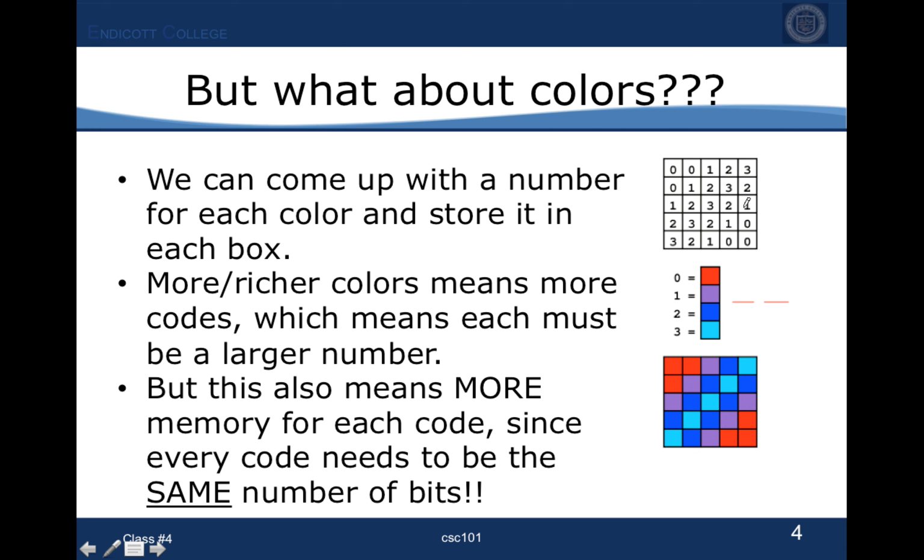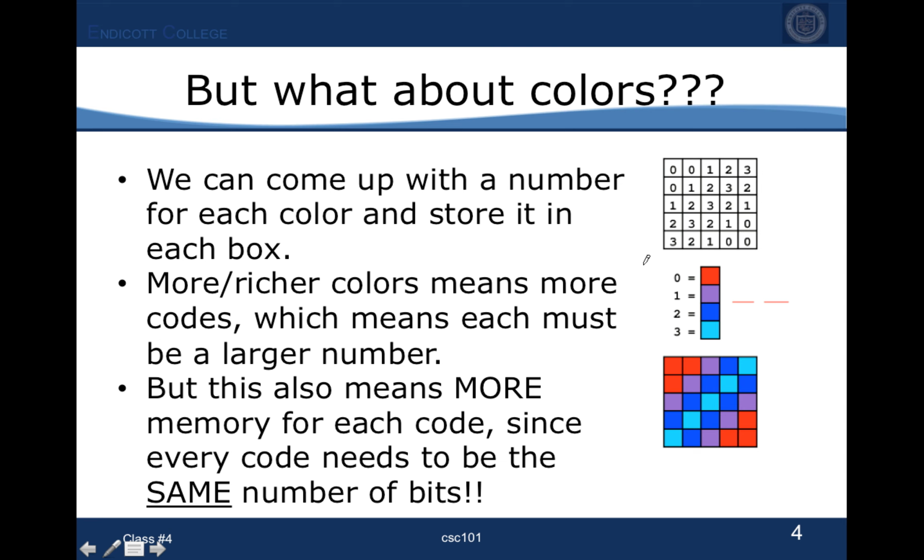So these numbers I wrote in our base 10 system, 0, 1, 2, 3, but in binary each would actually be 2 bits. I need 2 bits to represent these numbers. So up here, if I'm going to do this in binary, I'd need 2 bits in each box.